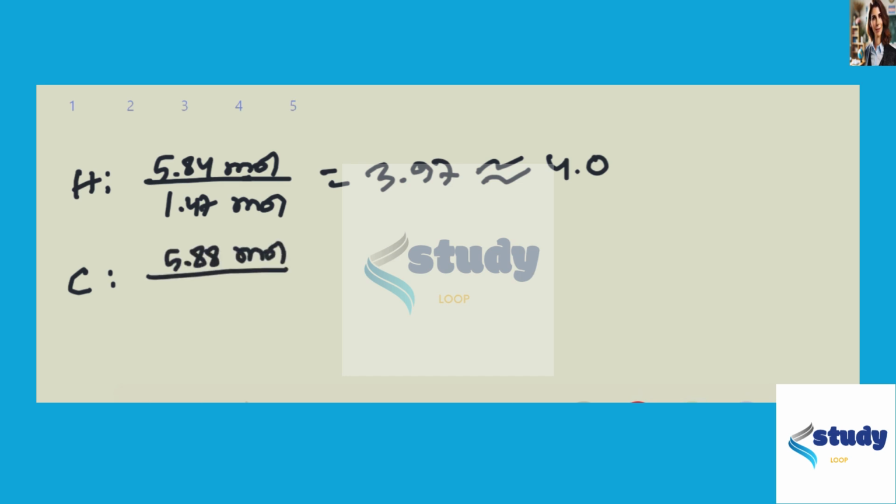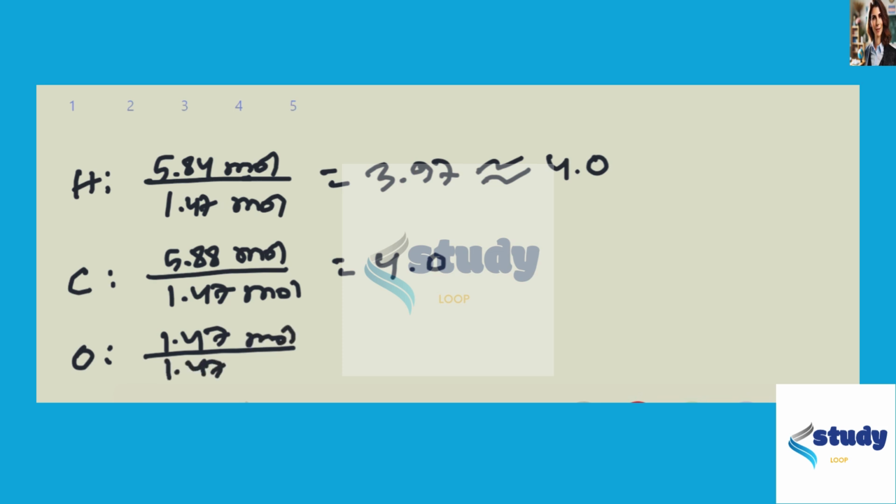Then for carbon it will be 5.88 mole over 1.47 mole, and this will give us a value of 4. And for oxygen, since it is 1.47 over 1.47, this will give us a value of 1. That means the simplest whole number ratio here is 4 is to 4 is to 1.